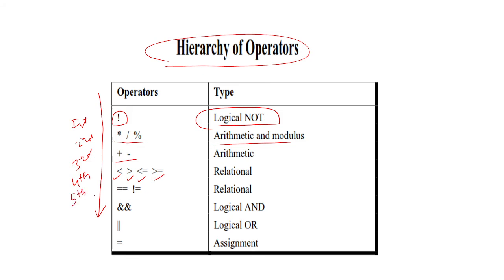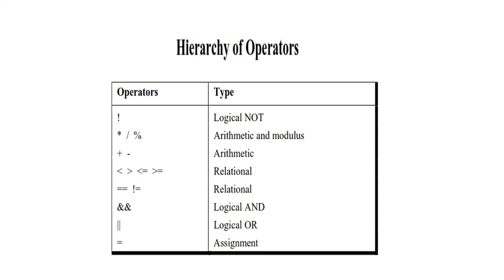On the fifth priority we have the relational operators equal and not equal. On the sixth we have the logical AND operator, and on the seventh the logical OR operator. And at the lowest level we have the assignment operator. So now remember these to solve further expressions.